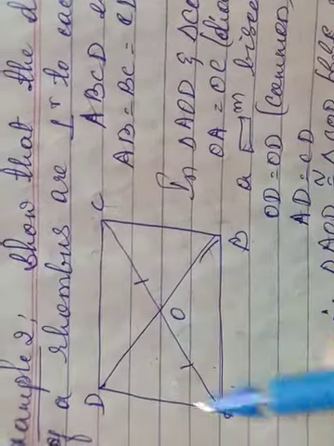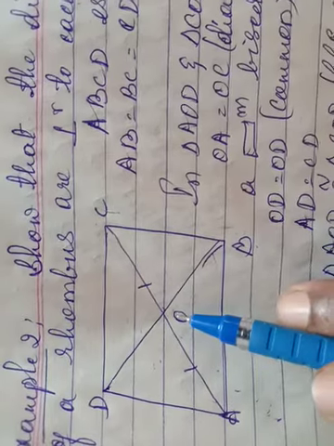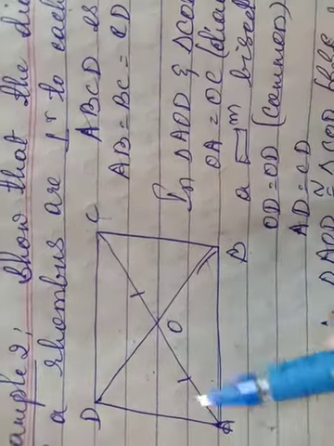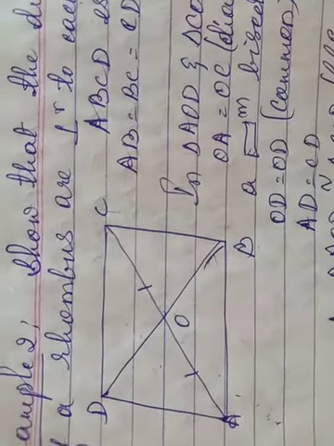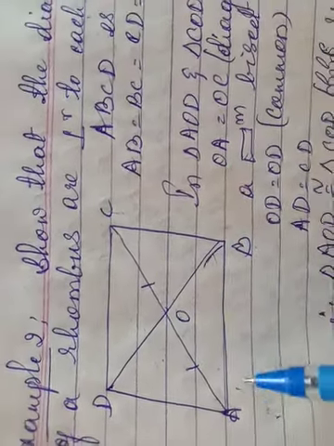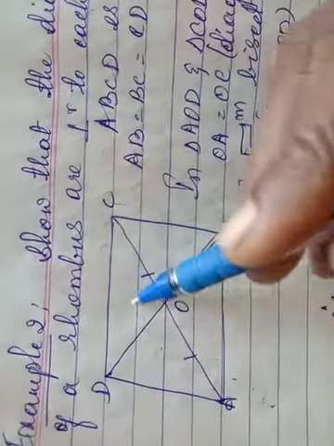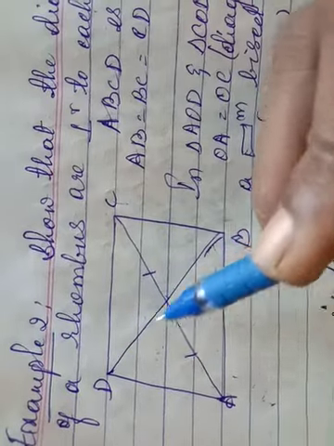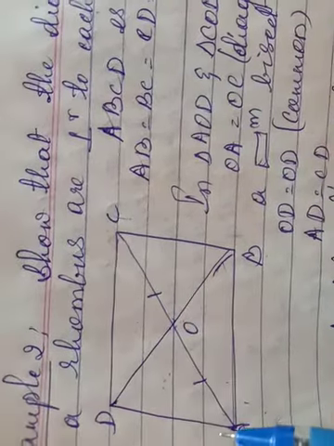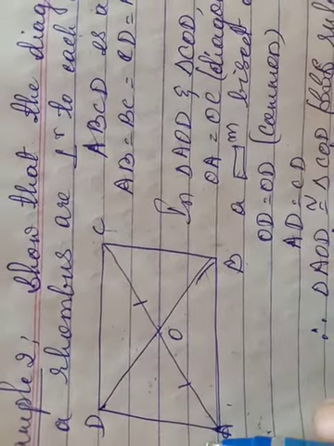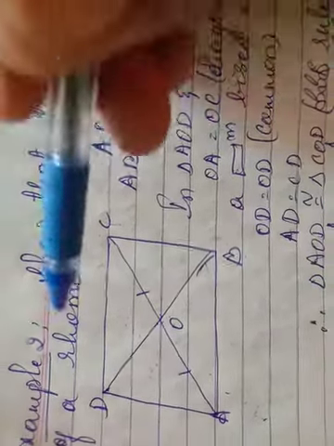Here AO is equal to OC. Why? Since diagonals of a parallelogram bisect each other. They bisect each other, that means it divides the diagonal into two equal parts. Then one more is OD. For these two triangles, OD is common. Yes or no? OD is common. Next, AD is equal to CD.